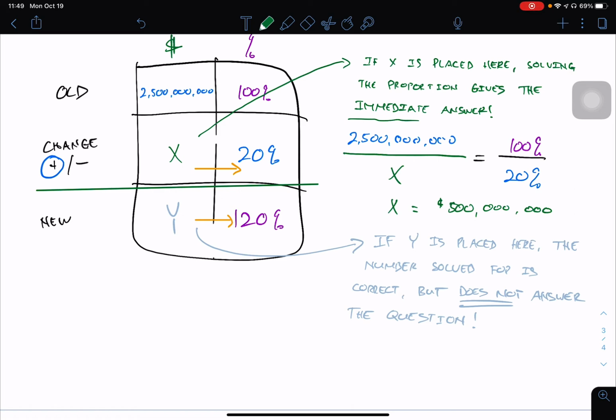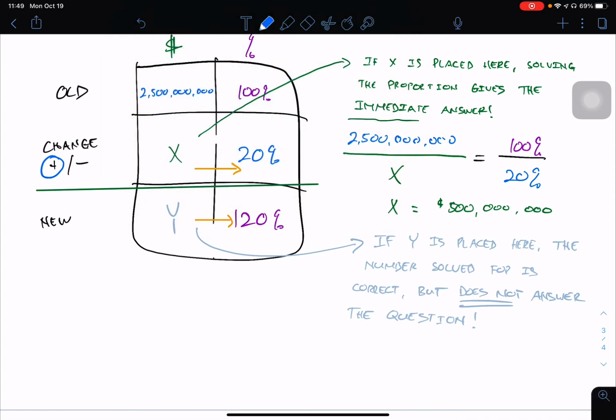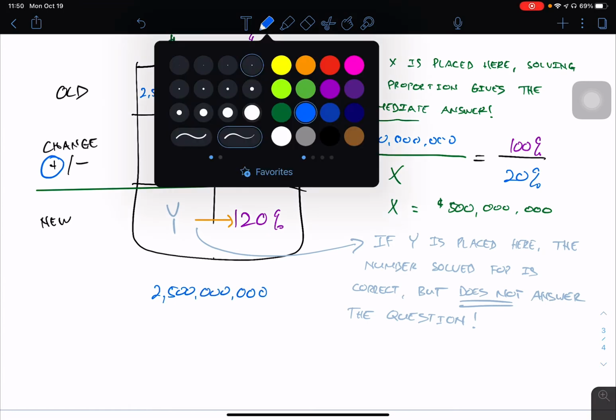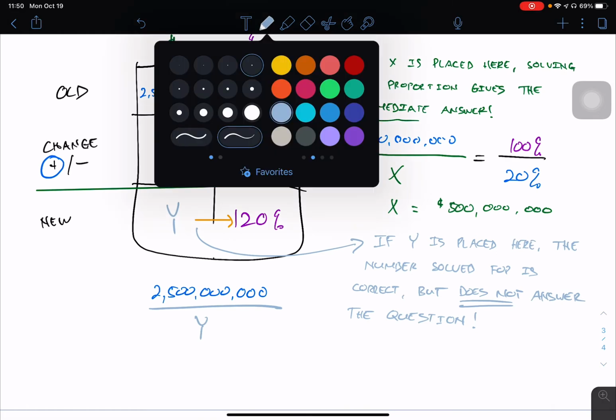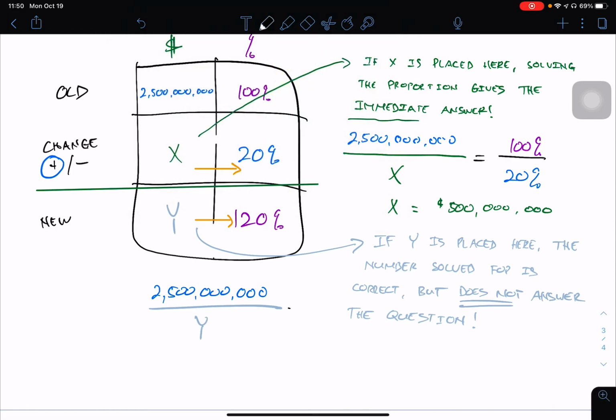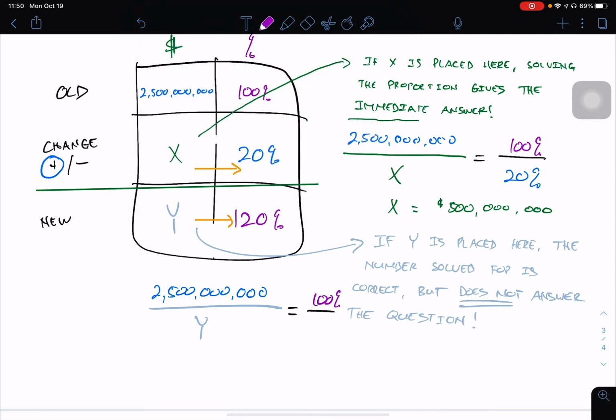Now what happens if you do the same exact thing, but now do the proportion as I suggested right here? Because remember, you're supposed to know where the variable goes, but say you don't. Say you are setting it up and you're rushing it and you get the wrong number. It's not completely wrong, it's just that you have to know what's going on. You can see 100% is associated with 2.5 billion, but now since you're putting a y, you get 120%.